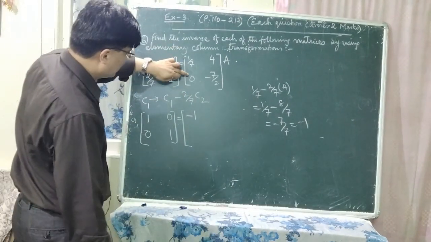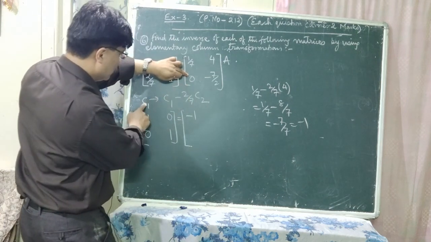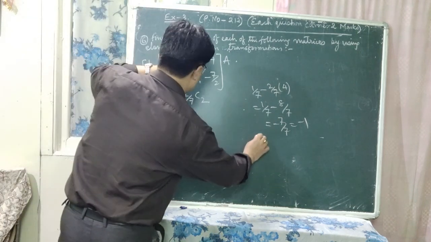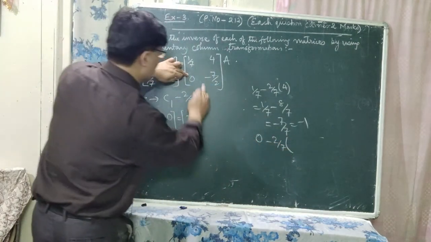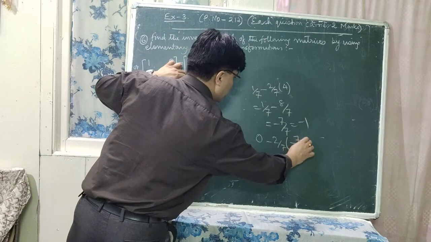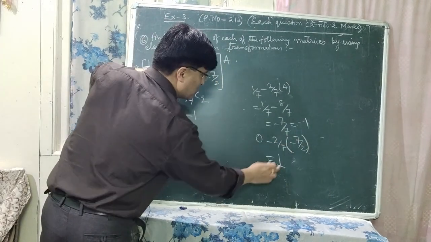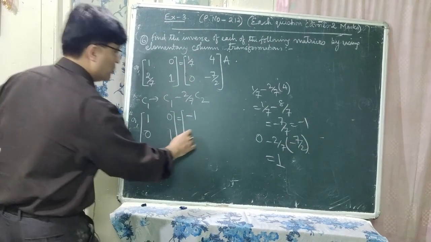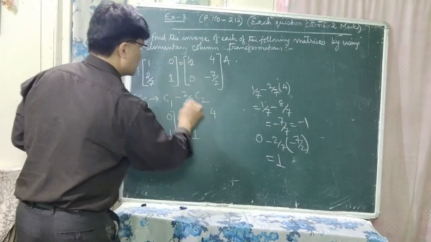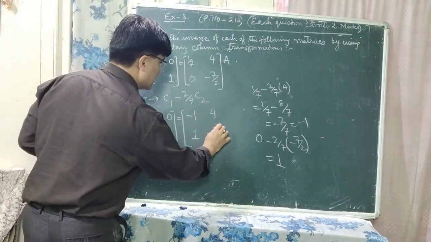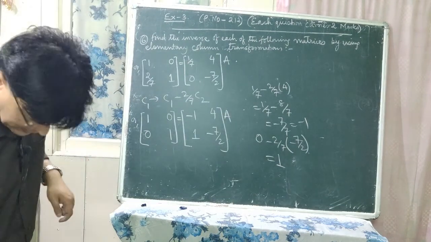Now this is also changing, isn't it? How does it change? C1 means 0, 0 minus 2 by 7 into minus 7 by 2, which is equal to 1, right? Because minus 2 into minus, plus, 2 cancels, 7 cancels. So what do we get? Only 1. Then the second column remains same, 4, and this is minus 7 by 2, and this is your A, right?